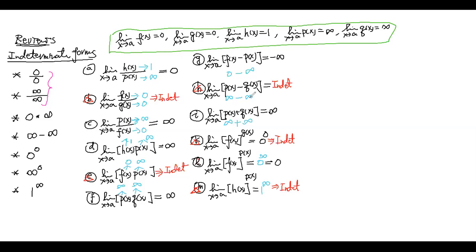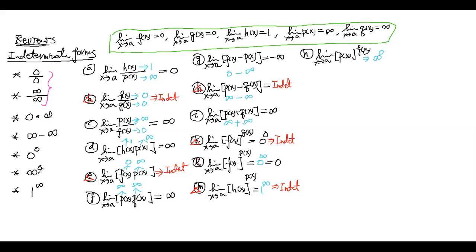Okay, so now let's take a look. The next one is part N. This is the limit as x approaches a of p(x) to the f(x), right? Here, the same way, you put it in and you will get p(x) is infinity, so infinity to the 0 power.